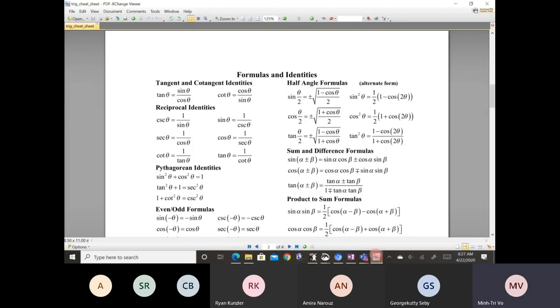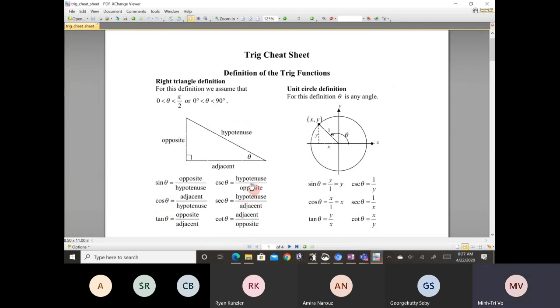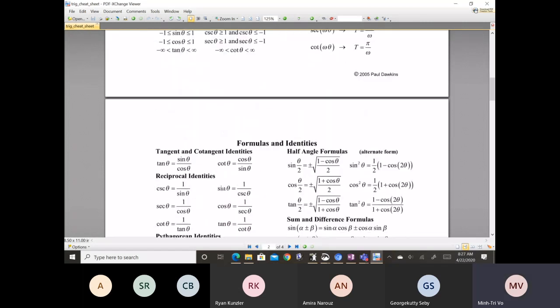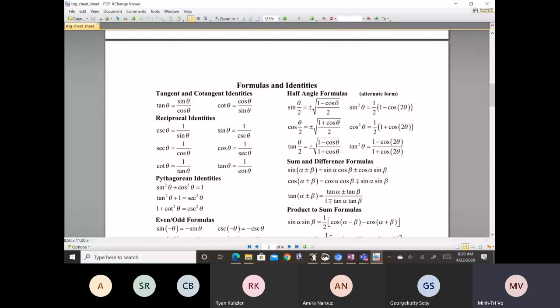We use the unit circle definition here, but it's exactly the same for the right triangle. If you compare the opposite, hypotenuse, and adjacent formulations for the trig functions, they have exactly the same relationship. So that's where these identities come from.